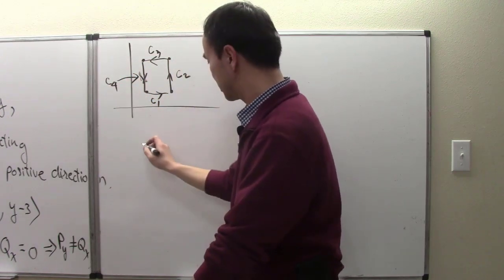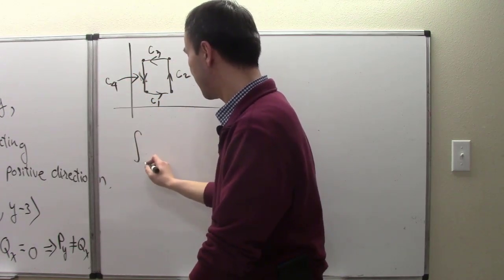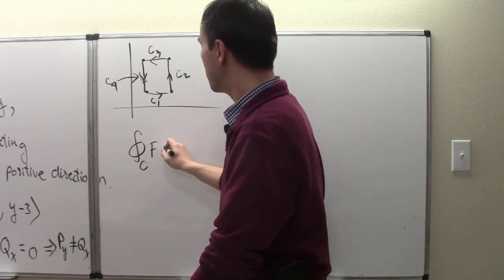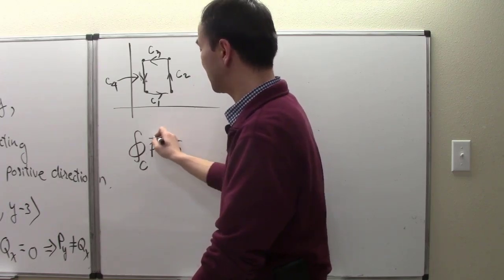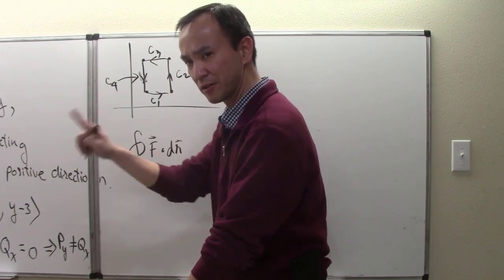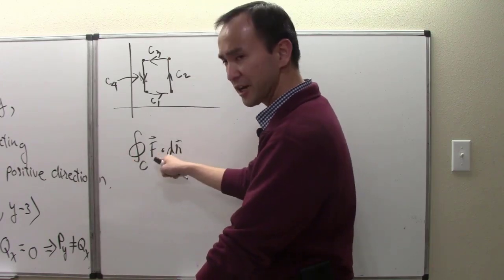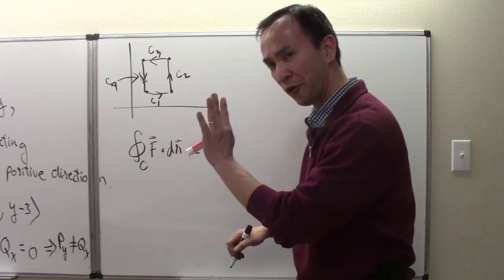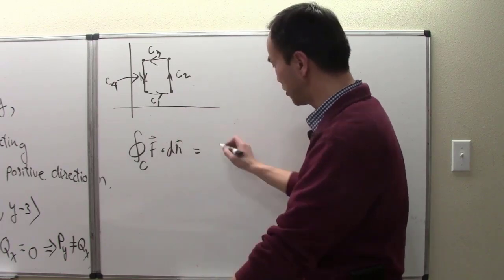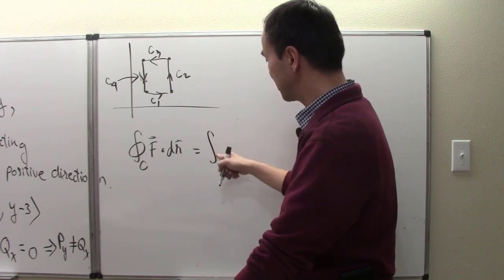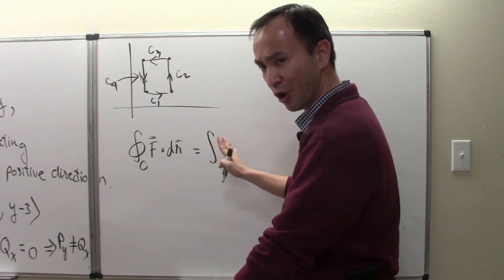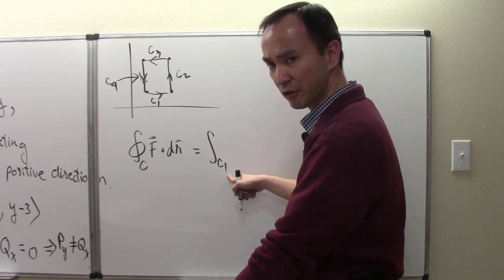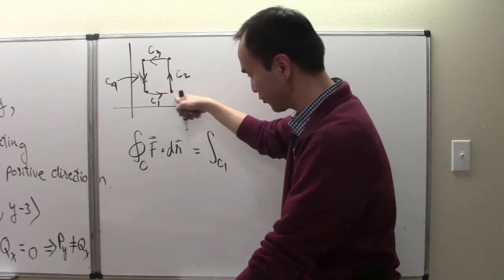And so the entire line integral along that closed curve must be broken up, if we were attempting it without Green's theorem. This line integral must be broken up into 4 separate little line integrals. Each one of these is no longer a closed path, so I don't have that circle symbol, but it's a line integral on C1 from here to here.